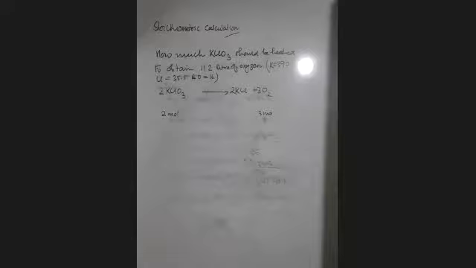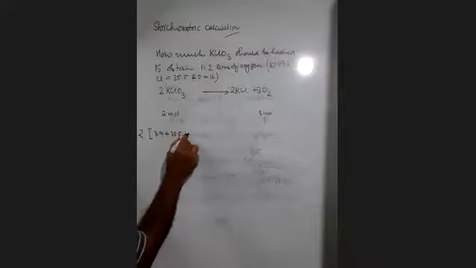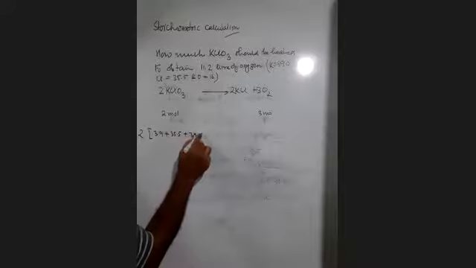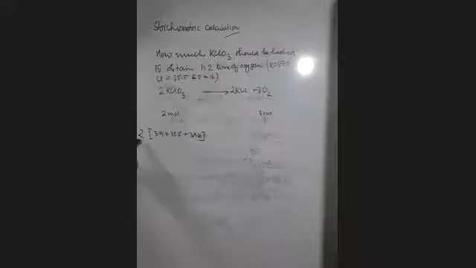What is the mass of potassium chlorate? Do it. See here. It is 2 into 39 plus 35.5 plus 3 into 16. 2 I have written, na? So how much does it come? So is it 245?